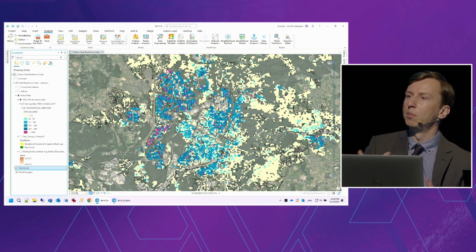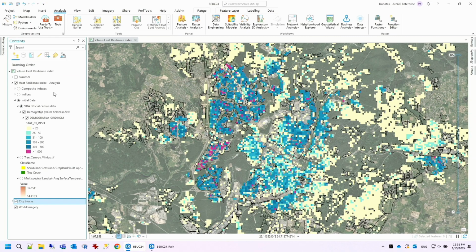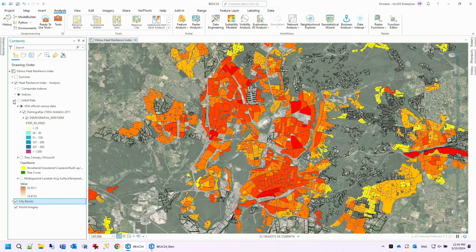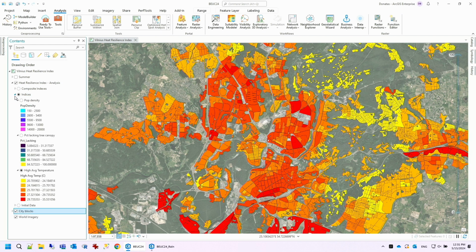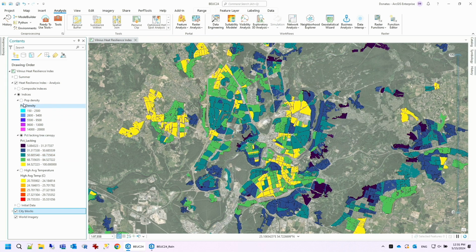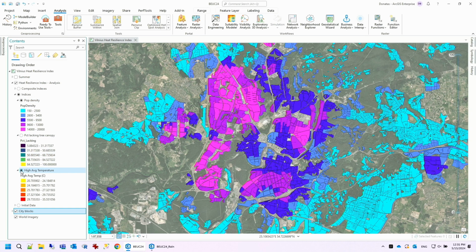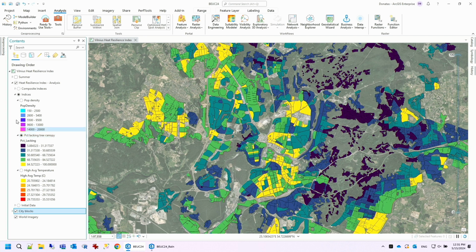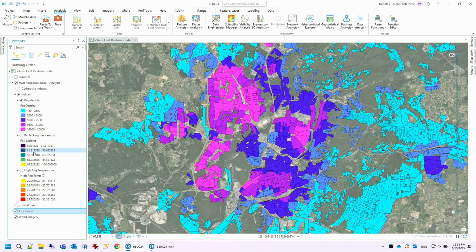Now, I'm going to combine this into one single number for each block in the city. So to do that, I can aggregate the data by the city blocks and get three different numbers: surface temperature, lack of tree canopies, and also population density.